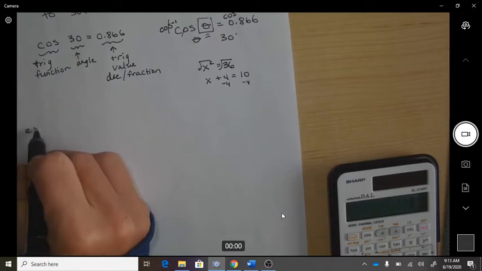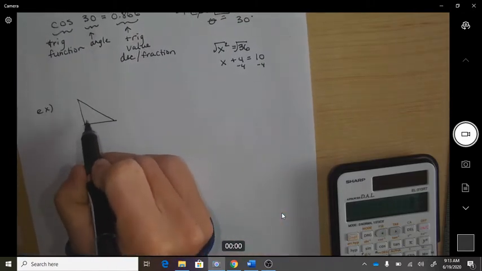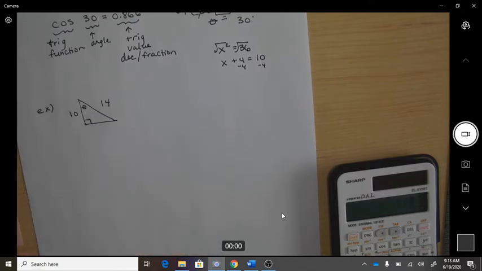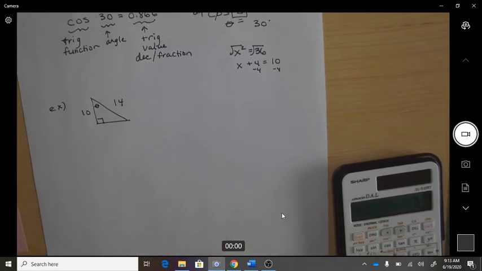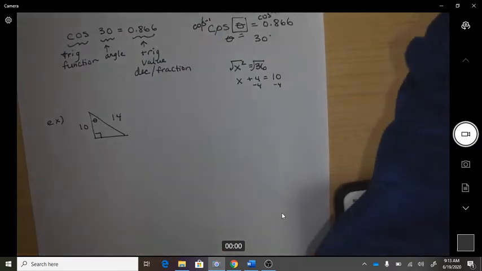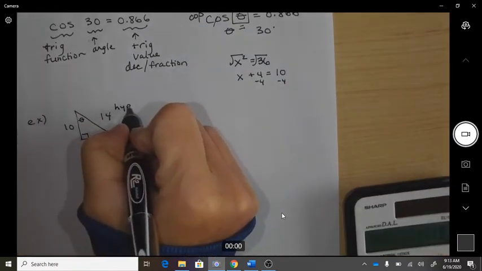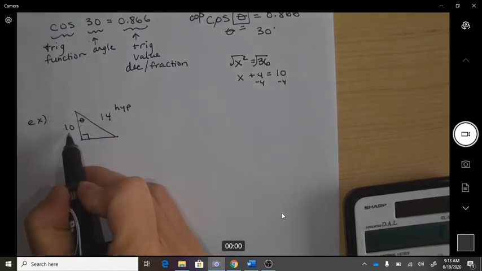Okay, so here's an example. So find that angle. Okay, so like we did before, SOH CAH TOA, we know opposite, adjacent, and hypotenuse are our sides. So this is the hypotenuse, so it's across the 90. Compared to this angle, this is adjacent.